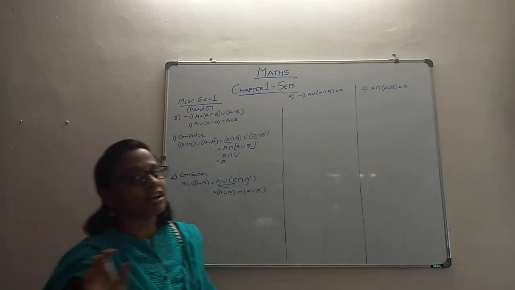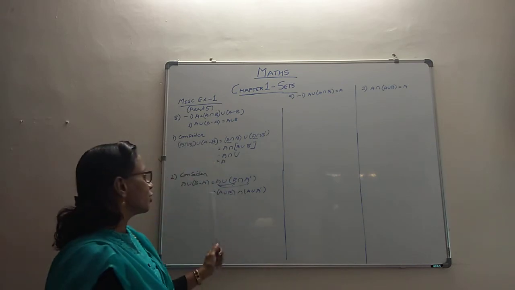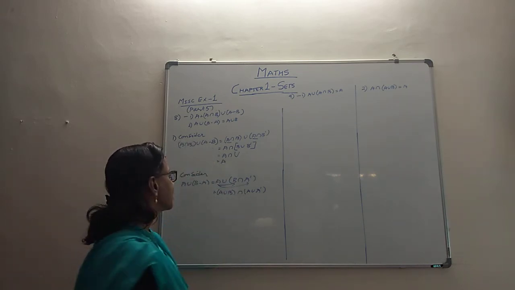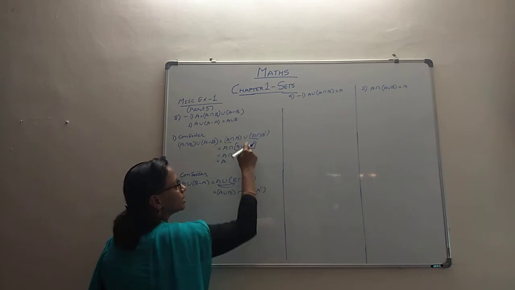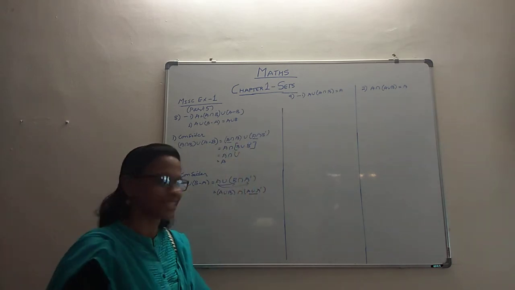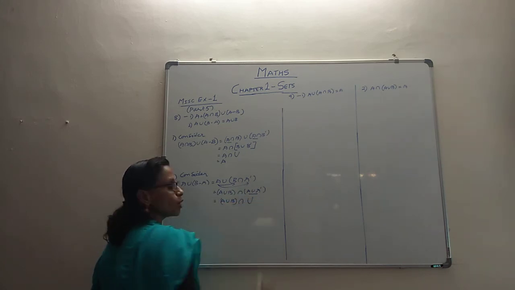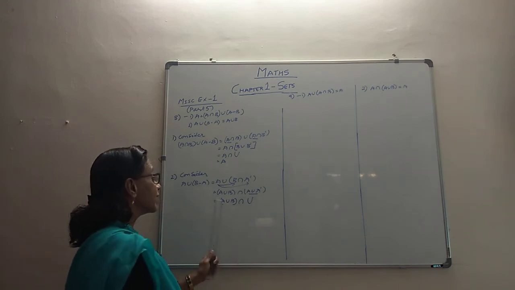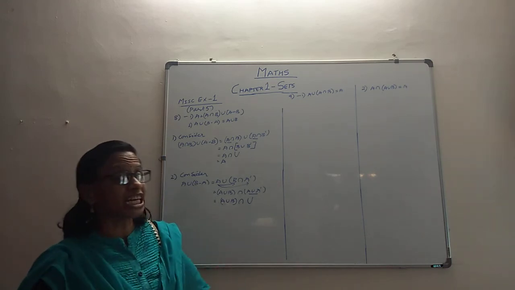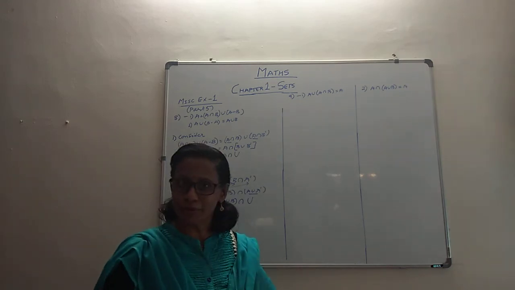What we have done is apply the distributive property, so you have got it this way. Now we know that A union A complement, like what we did there, is the universal set. So we apply A union B intersection the universal set. That is what we are getting over here. Now A union B is definitely a smaller set as compared to the universal set.